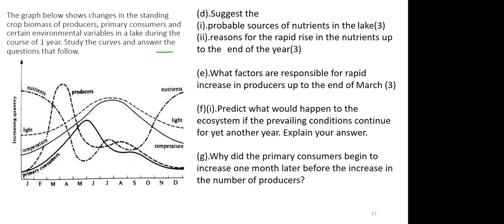Okay. Don't worry, in a short while I'll put the answers, then you take screenshots. Then lastly, why did the primary consumers begin to increase one month later, before the increase in the number of producers?